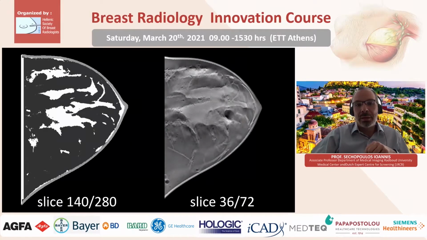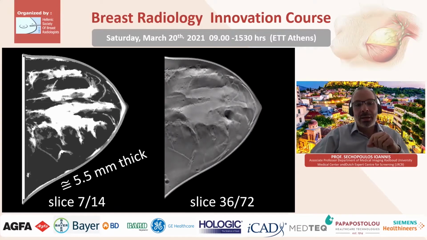So what I did was I combined the slices of the 3D printed truth of the phantom, and I kept combining many, many slices until I could see everywhere in the true image on the left all the plastic that I could eventually see in the central tomo slice. The amount of plastic that had to be present in this central slice for it to be representative of everything I could see on the tomo slice was about 5.5 millimeters worth of stuff.